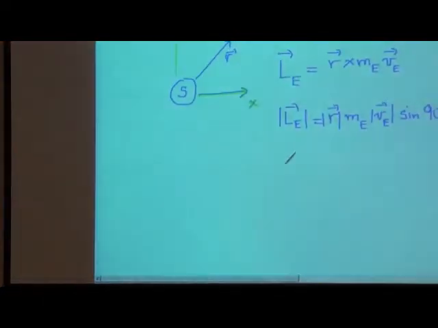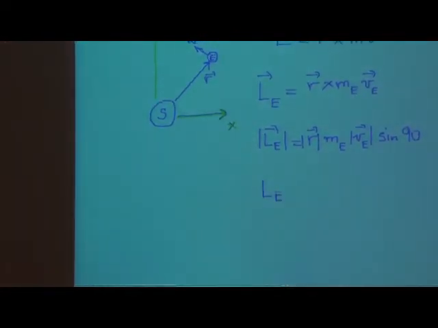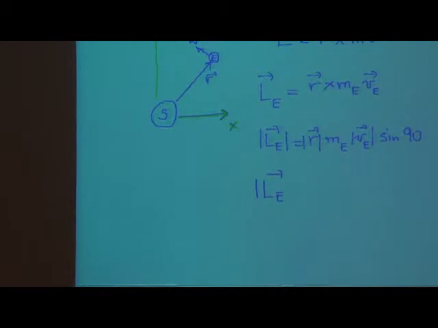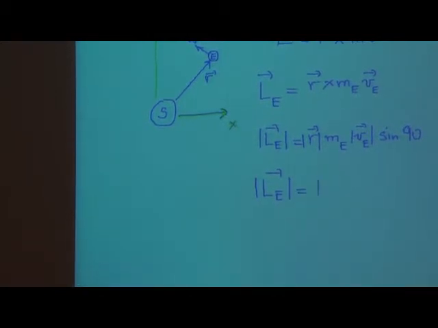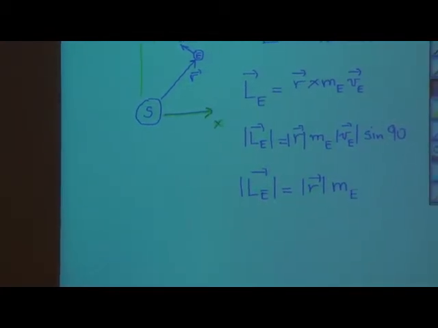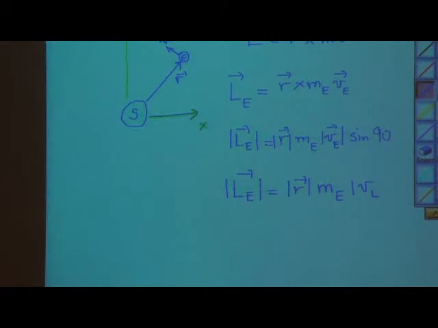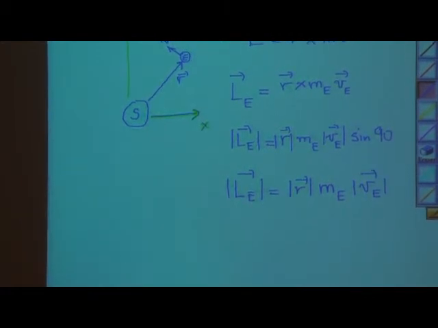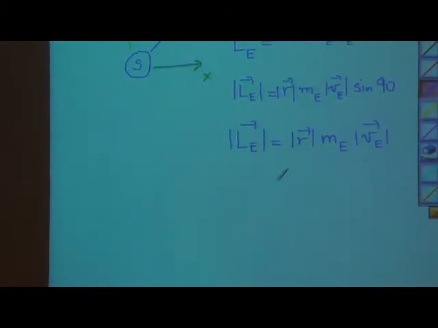So this theta is actually 90 degrees. So the angular momentum of the Earth, its magnitude, is the distance between the Sun and Earth, its mass, times its velocity, its speed.